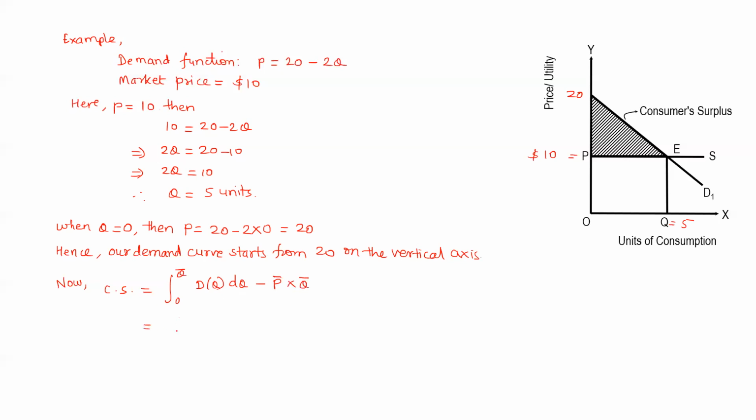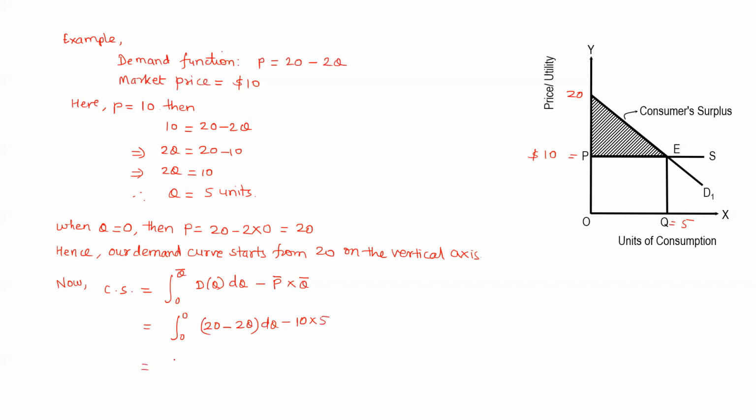This can be written as the integration of our demand function, 20 minus 2Q dQ, minus the equilibrium price, which is given as $10, multiplied by the equilibrium quantity, 5.